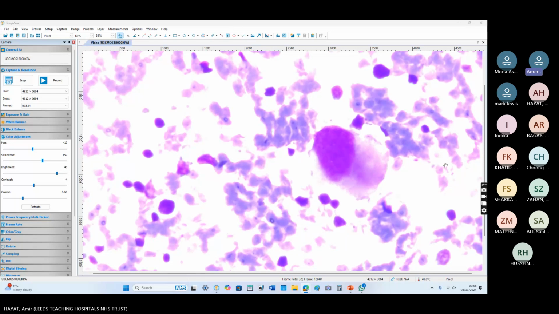This is a megakaryocyte. So what are the features of megakaryocytes in MDS? They are unilobular. They have only one lobe here. This is characteristic for myelodysplastic syndrome with 5q.